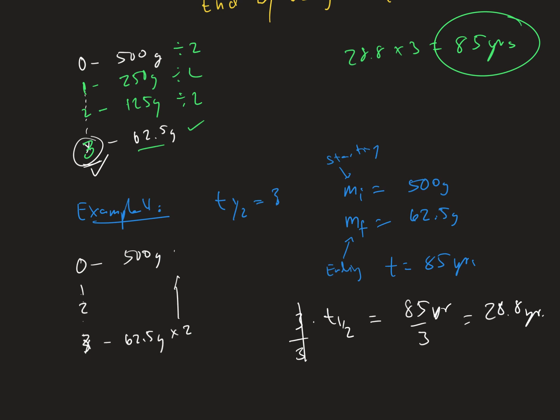Am I freaking you guys out, or how are you feeling? Yeah, that's because we rounded the whole time. Remember, when the number of half-lives is 2.9 something, it's not going to be exact. We good?